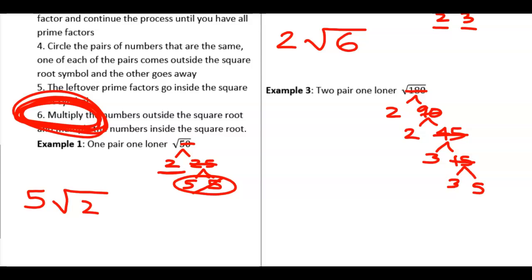Now, do I have any pairs? Pair of 2, pair of 3, and a loner of 5.